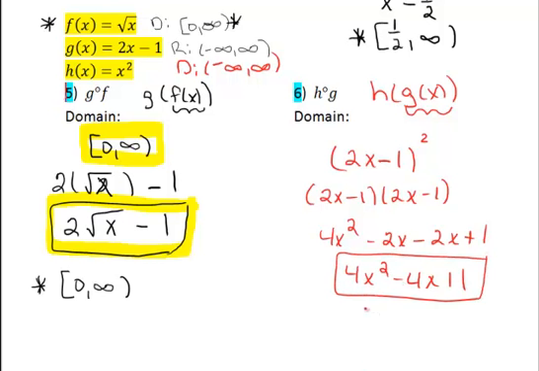The domain of just that is everything, right? There are no fractions, there are no square roots. If you take this domain and this domain and find their intersection, what is the domain of the composition? Well, they're exactly the same. So this is the domain of the intersection as well.